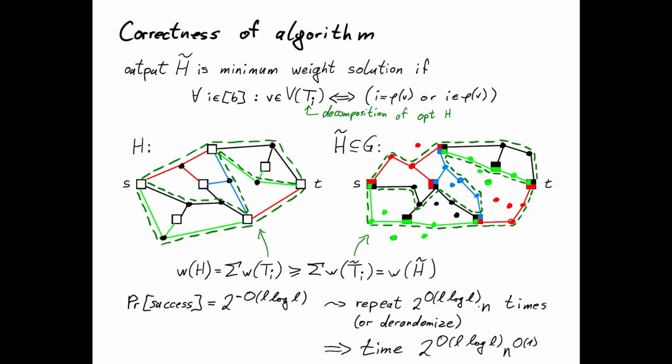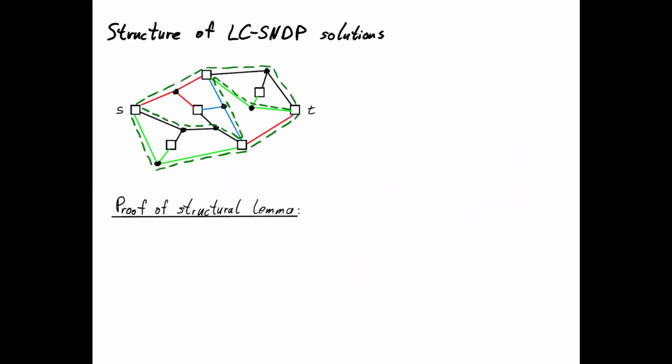So the probability of success is some function of the solution size, and if you do the calculations, you get that it's something like 2 to the minus L log L. Yeah, and then we just repeat it sufficiently many times, like an FPT number of times, or we just de-randomize the whole thing, and we get an FPT algorithm to solve the problem. All right, so that's the algorithm.